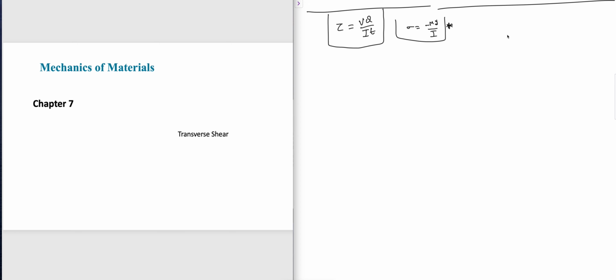So what is the meaning of this sigma equal to negative My over I? It is that when we have a beam and we give a bending moment M, we calculated the normal stress sigma due to M. Due to the moment, the beam bends like that.